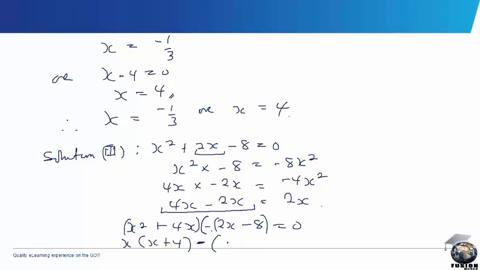Here we'll be left with 2x, but here we'll be left with positive. Why? Because if you factorize a negative sign, the signs of the other factors will change to positive. You see, 2 is now positive, because when a negative sign multiplies a positive sign, it remains negative. But if you factorize a positive sign, since a positive sign has no effect on negative terms, the values will remain the same.